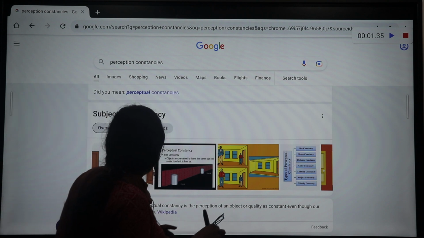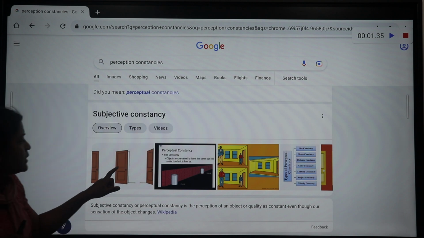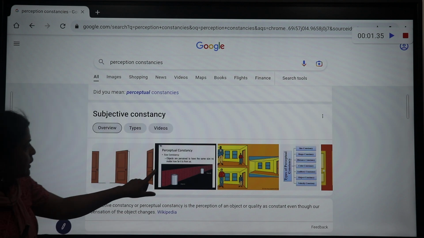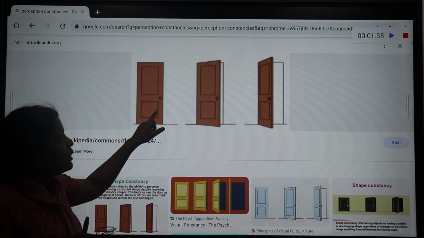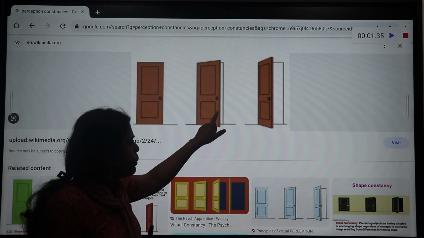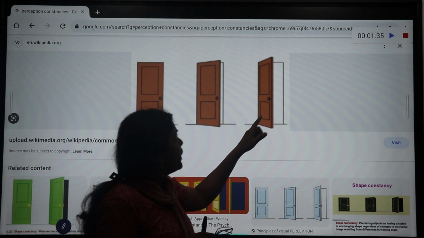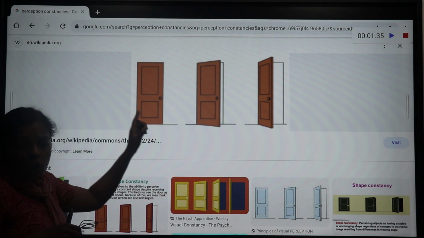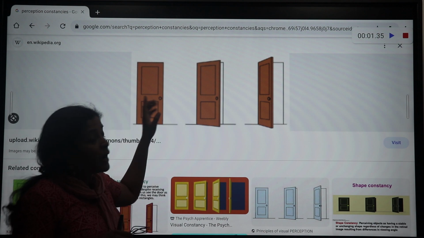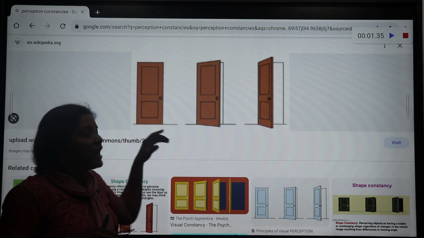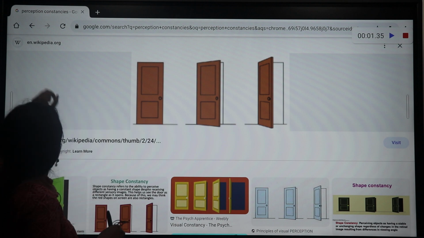Brightness constancy I will tell you about later. In this one you can see that the door is either closed, slightly open or fully open, that is because of the shape consistency which we have, that makes us perceive it like this.